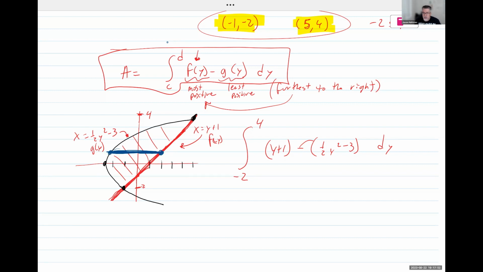The bigger values are always to the right. So no matter where I'm at between -2 and 4, the bigger values are always going to be along this function. So that's my f of y. No matter where I take my slice, x equals y plus 1 will always be on the right, and that's the bigger function.